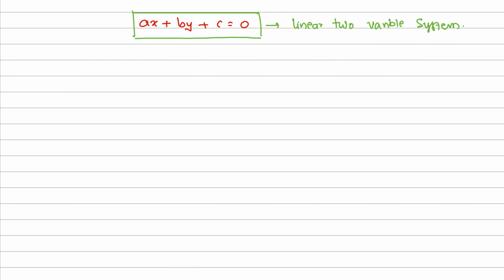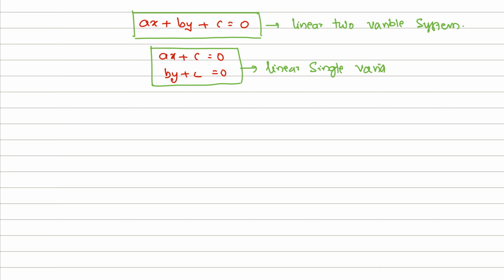For a single variable system, ax plus c is equal to 0 or by plus c is equal to 0. This is a linear single variable system.